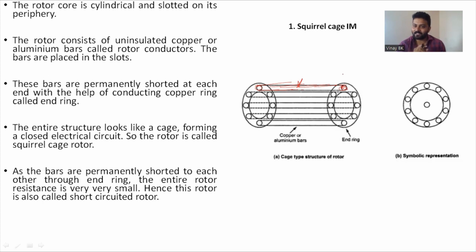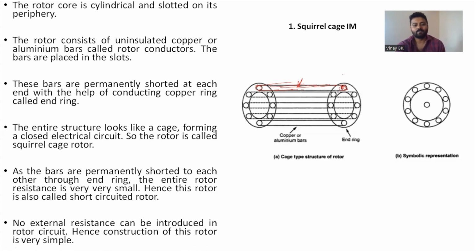The end rings are permanently shorted with uninsulated copper or aluminum bars, so another name for this is short circuited rotor. Second, you will not use any external resistance that can be introduced in the rotor circuit. Hence the construction of this type of motor looks very simple. You need to write these points in the examination for 3 and 3 marks.